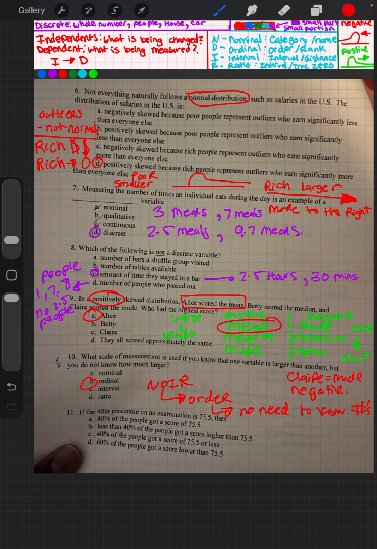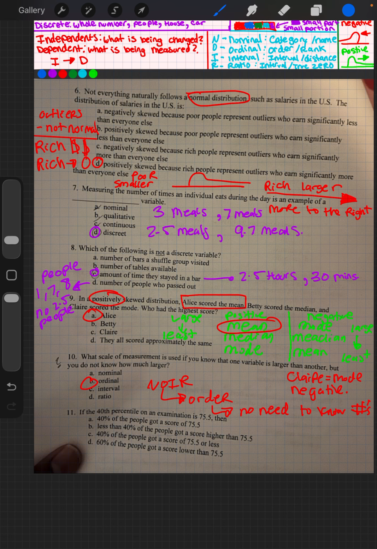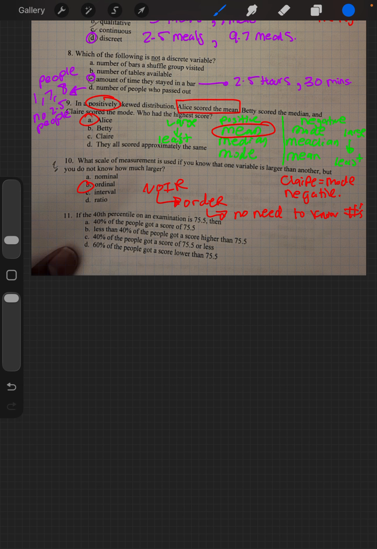Okay. So I think this one is something that might get confusing, but it's okay. So percentiles mean it is at or below that score.